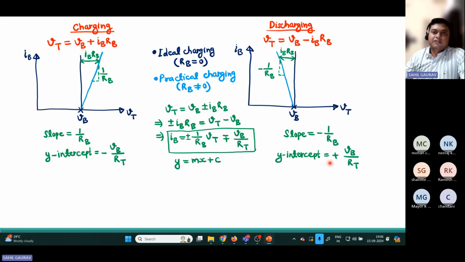So the y-intercept will be positive for discharging, while the y-intercept for charging will be negative. Now what we are going to do is superimpose these IV characteristics with the IV characteristics of the PV module that we already know, that has already been discussed in the class.